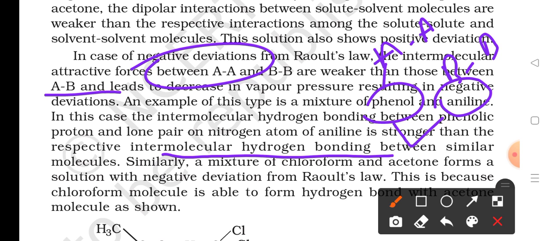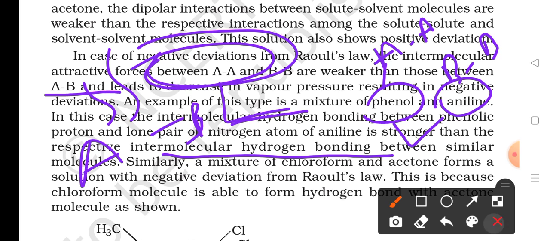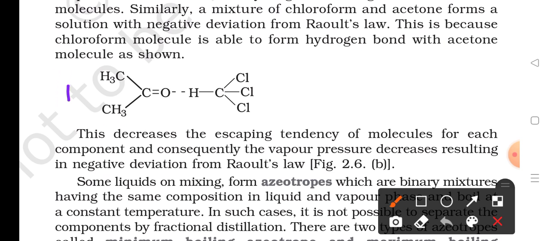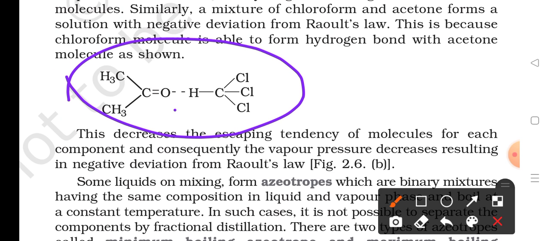So because of this intermolecular hydrogen bonding, this AB becomes more strong, and since AB is more strong, it couldn't fly away easily, so its vapor pressure will be decreased, so it undergoes negative deviation. Just watch this video more and more, then you can easily understand these things, okay. See that intermolecular hydrogen bonding, okay.